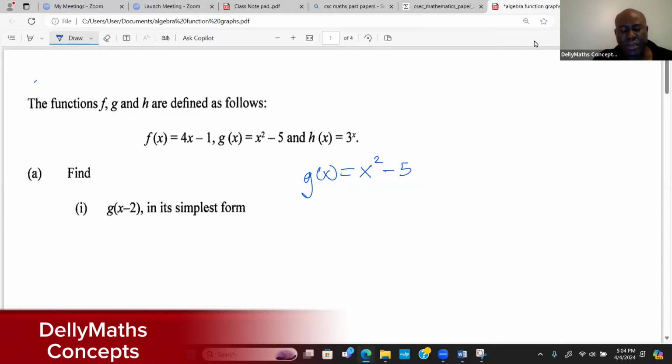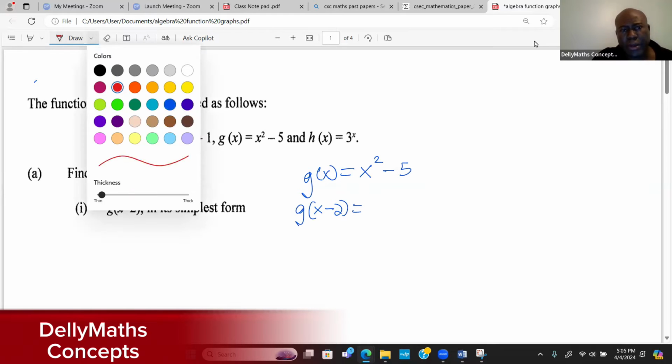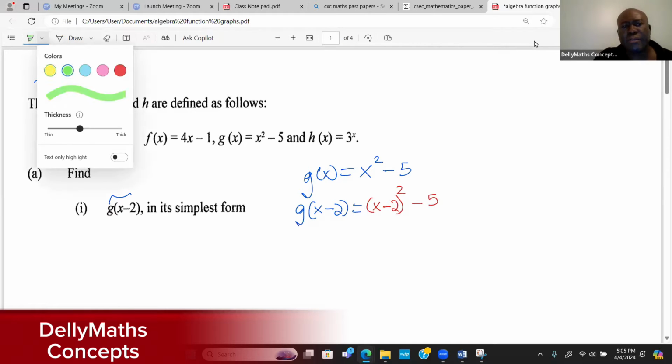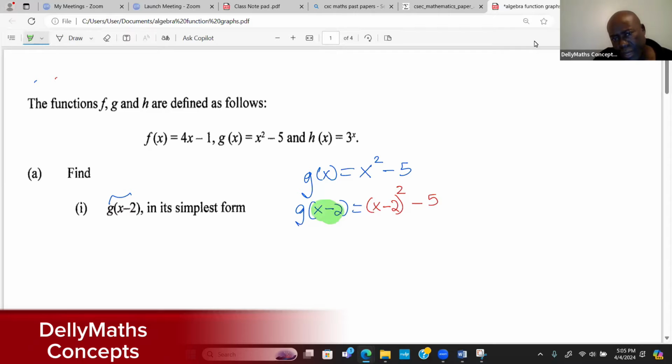What we're going to do is answer this question by simply plugging in x minus 2. Wherever the x is, it's going to be x minus 2. Then we're going to square, and then we're going to take 5 from it. So as you could see here, we're basically just substituting x minus 2 in the g function where the x is.